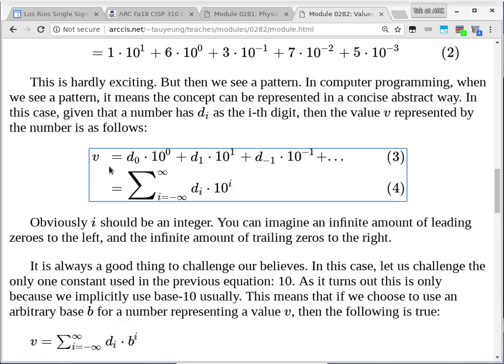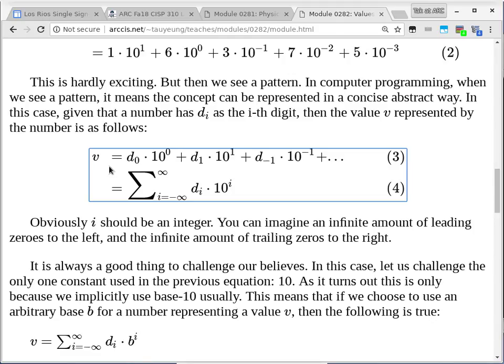And then D1 is the digit immediately to the left of D0, and that specifies the number of 10 to the power of 1. On the opposite side, D minus 1 is the digit immediately to the right-hand side of the point. It represents the quantity of 10 to the power of -1. So we just keep going, on both sides indefinitely.